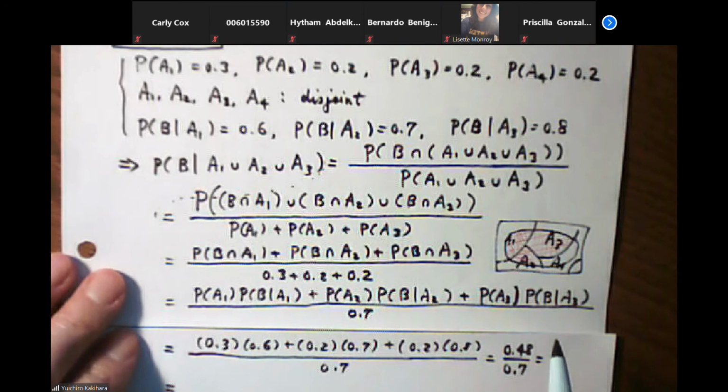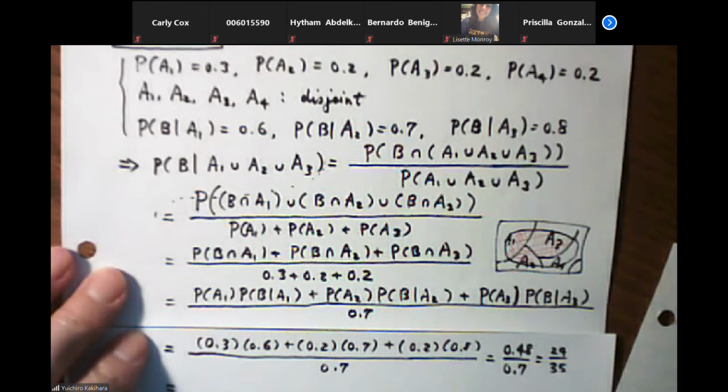Can you simplify more? The best is 24 over 35. This is the exact value. If you like, you can convert to decimal, but it is a repeating decimal, probably.